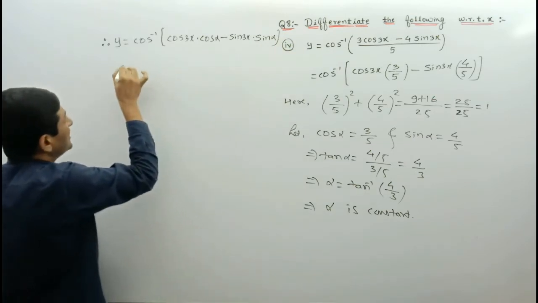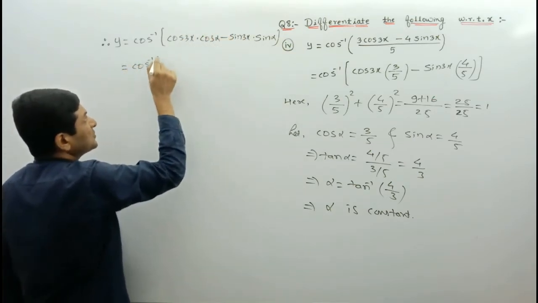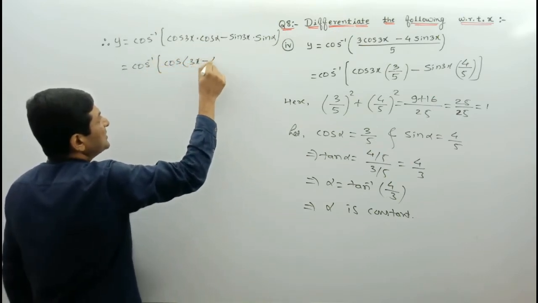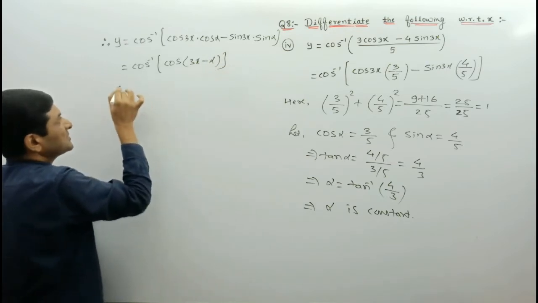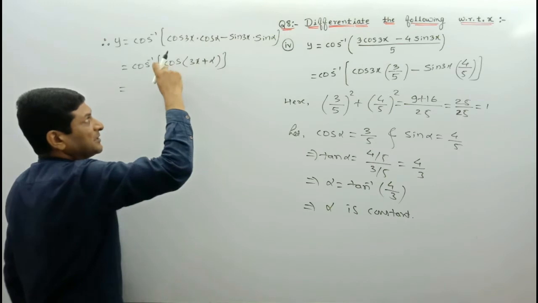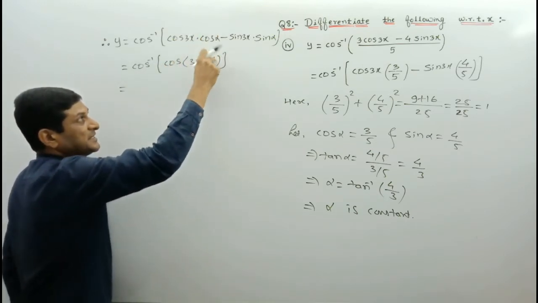So which is equal to cos inverse of cos A into cos B minus sin A into sin B, which is the formula of cos A plus B. A is here 3x and B is here alpha.